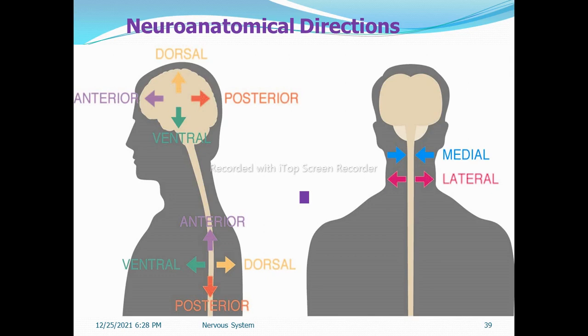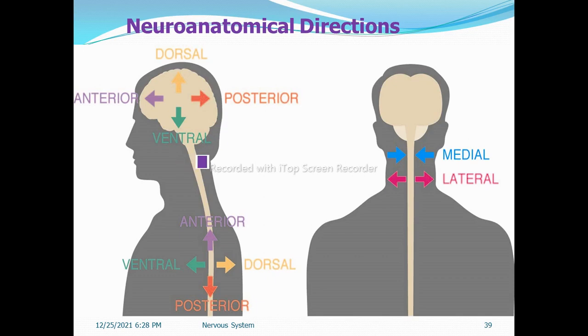Previously, dorsal meant to the back and ventral meant to the front. But in this case, dorsal means superior and ventral means inferior. So if this is the brain or CNS, toward the front is anterior, toward the back is posterior, toward the upper or superior is dorsal, and toward the inferior or below is ventral, as the arrows show.